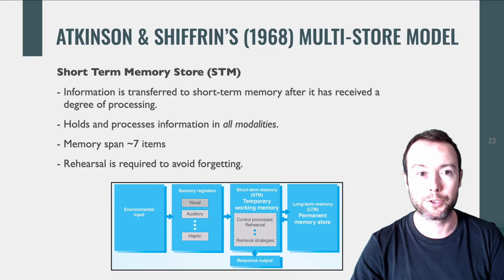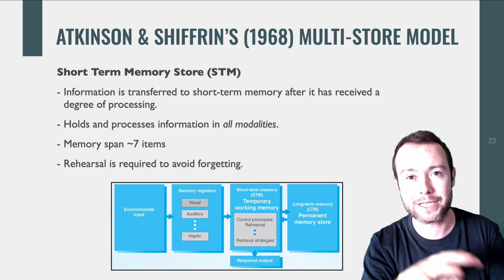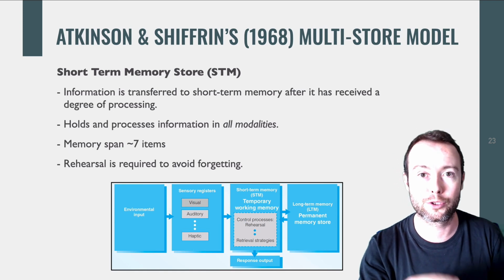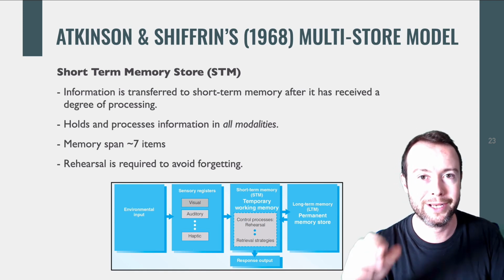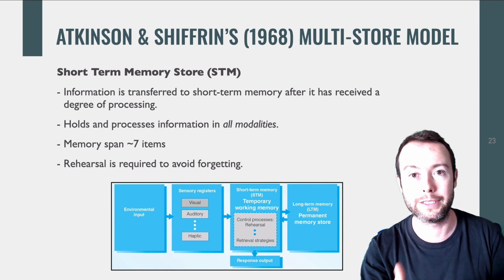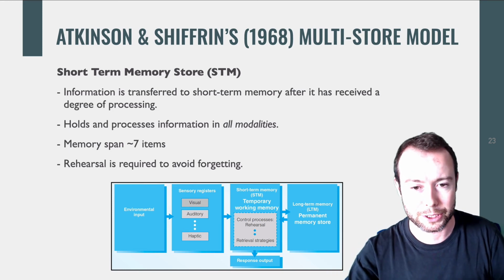Okay, the next stage of the model is the short-term memory store. So if we just go back to think about the sensory register, the stuff that's entering there, we don't have any real conscious insight or access to. And it's only the things that we end up attending to or end up processing to some degree that actually transfers into this short-term memory store.